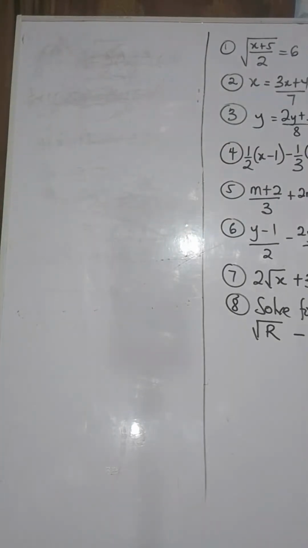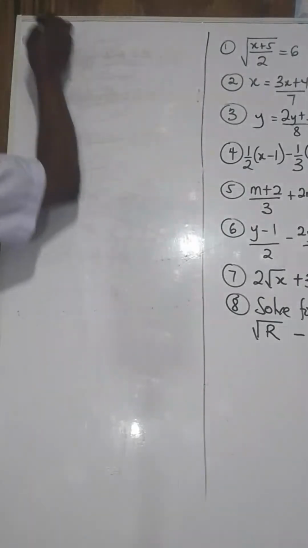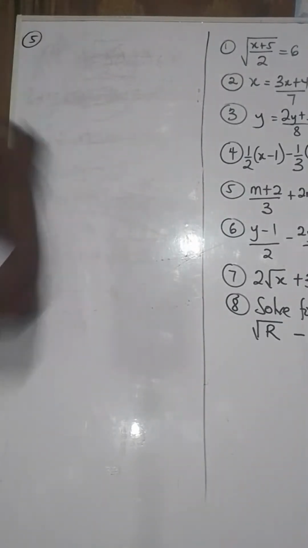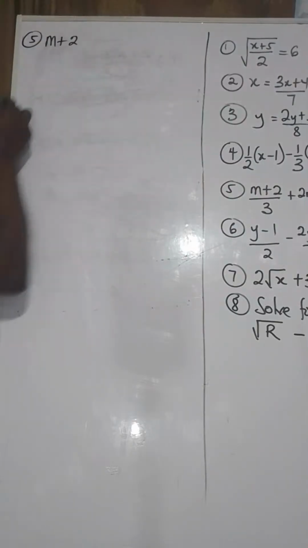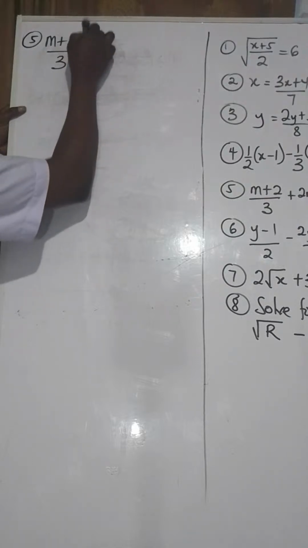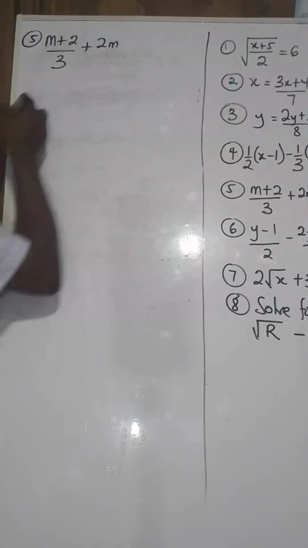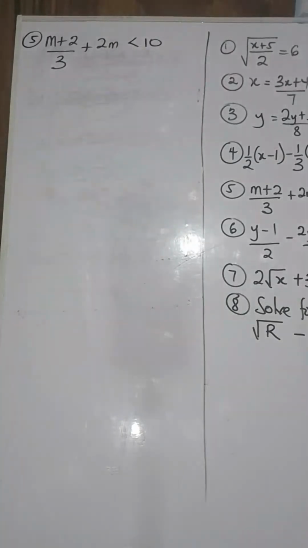Question 5, we are having m plus 2 on 3 plus 2m less than 10. So if you can try this also, you can try that one also.